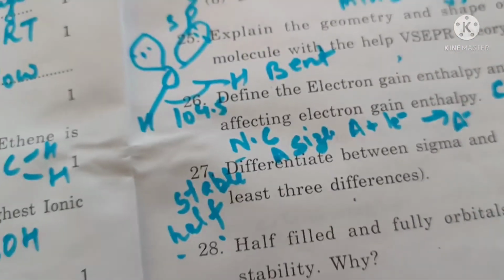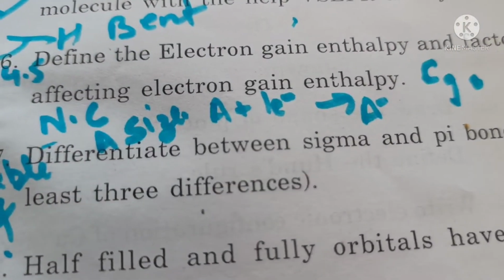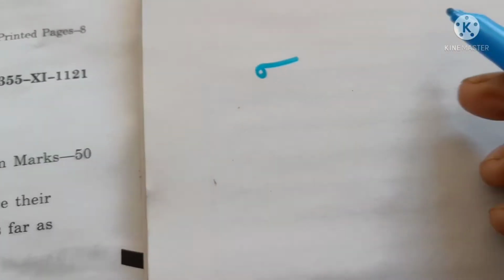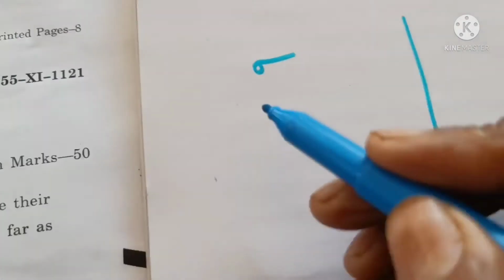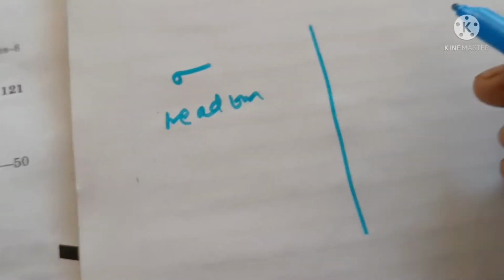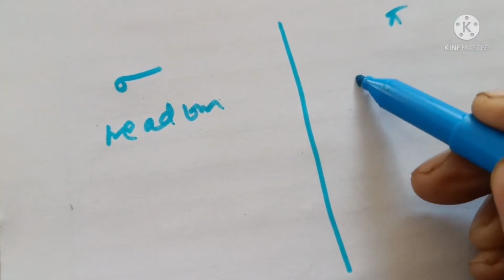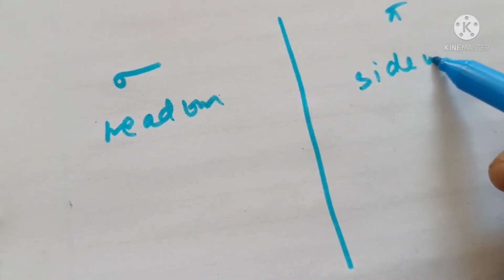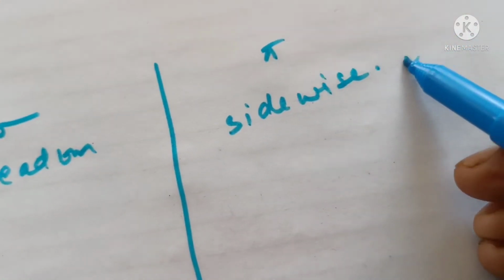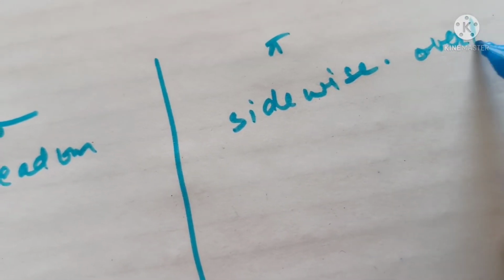Differentiate between sigma and pi bonds. A sigma bond is formed by head-on overlap between two atomic orbitals, whereas a pi bond is formed by sidewise overlapping of orbitals.